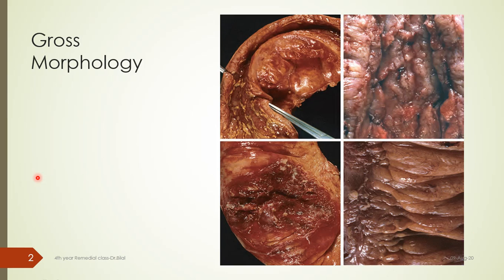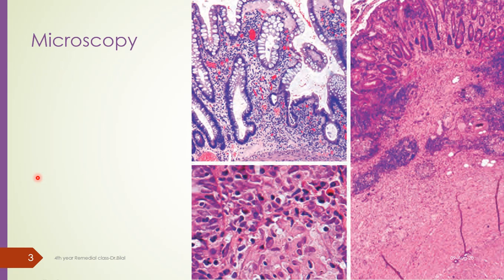Okay, so we move on to the microscopy. When we talk about microscopy of Crohn, there are some features that are similar to ulcerative colitis. One being that there is crypt architectural distortion. You can see here there are crypts of variable sizes and shapes. There is surrounding dense inflammation.